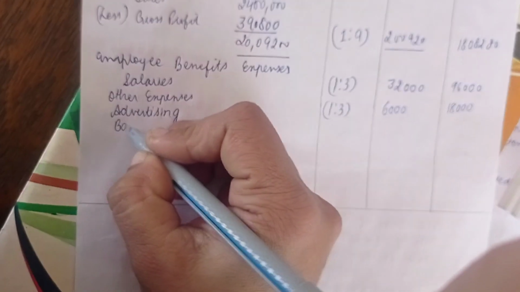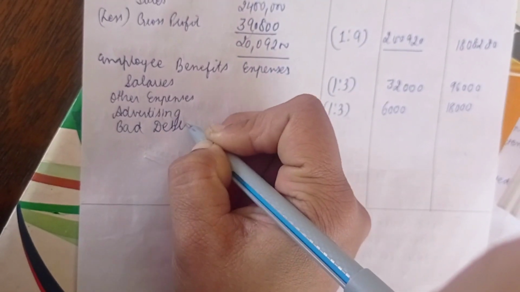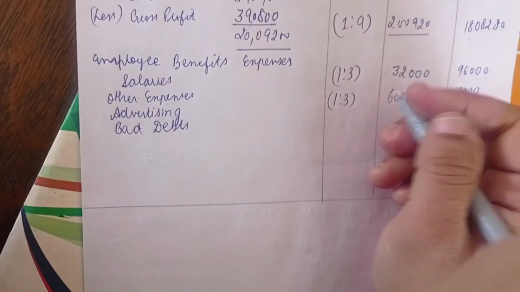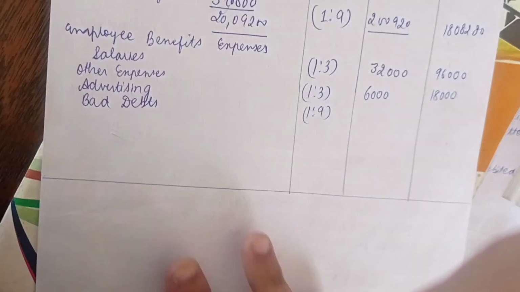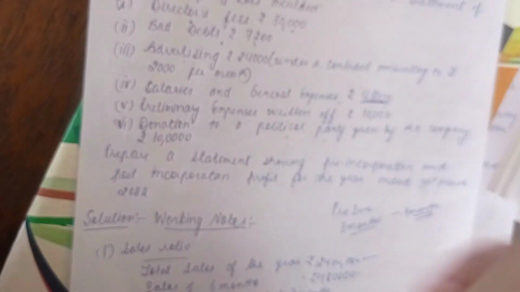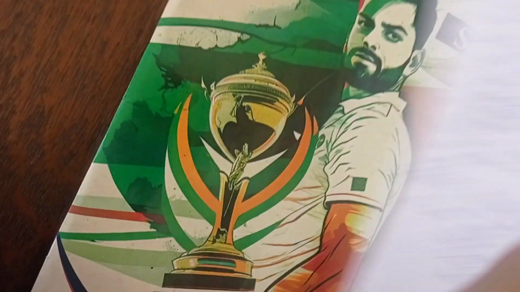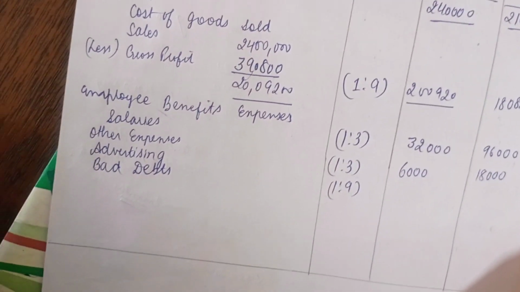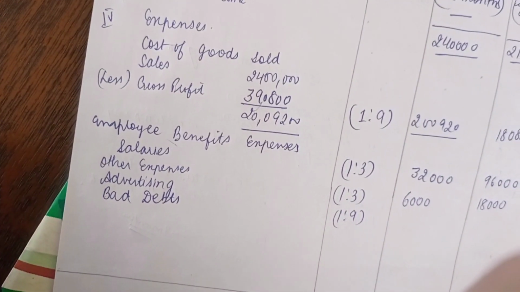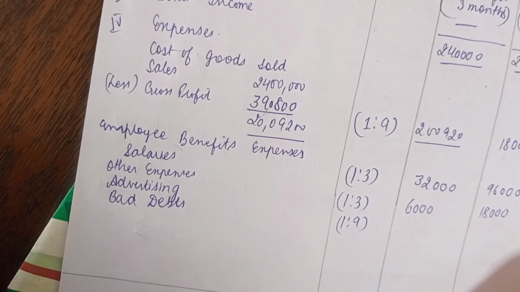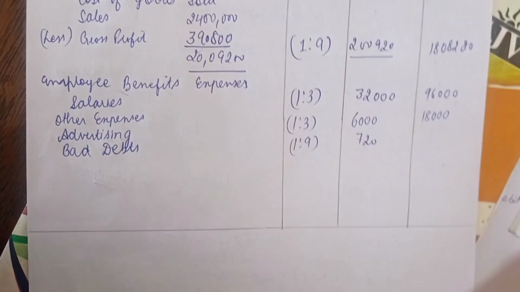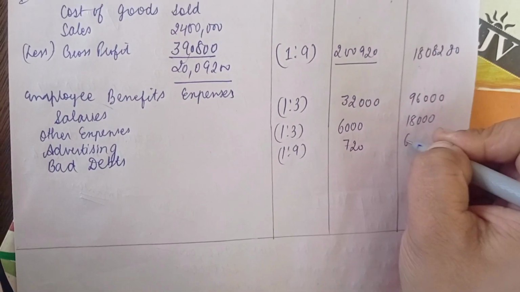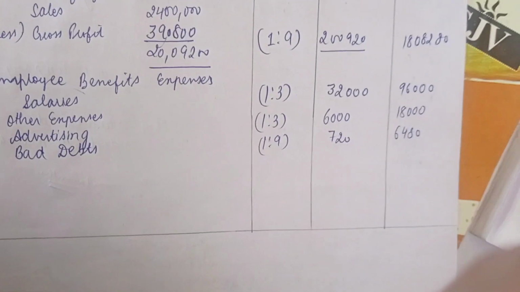Next are bad debts. Bad debts are to be apportioned in the sales ratio 1:9. Bad debts are given in the question, that is 7,200 rupees. The amount for the pre-incorporation is 720, and the post is 6,480.